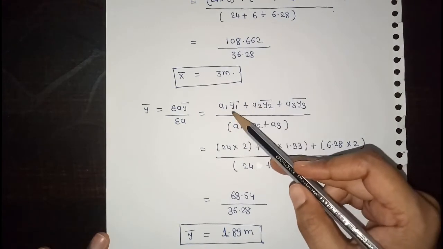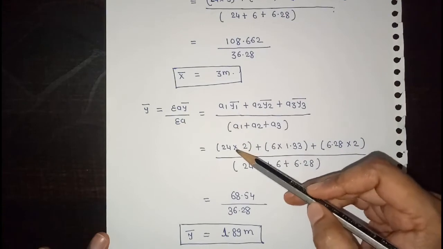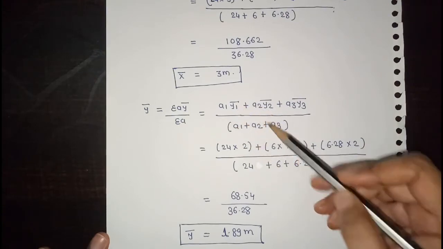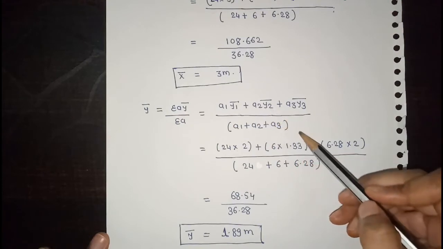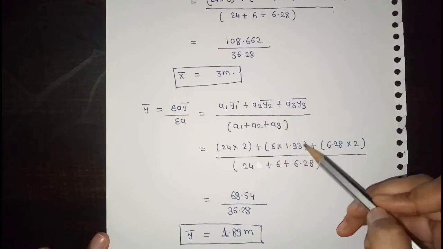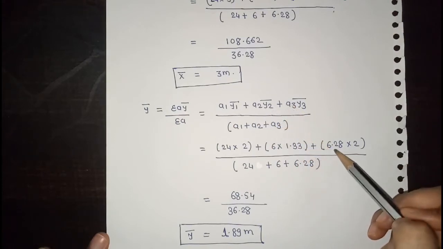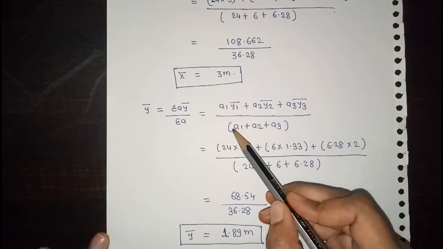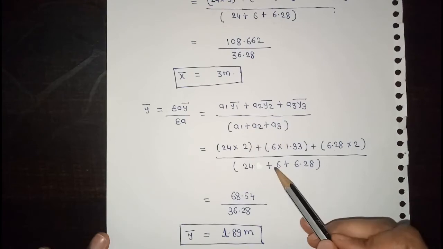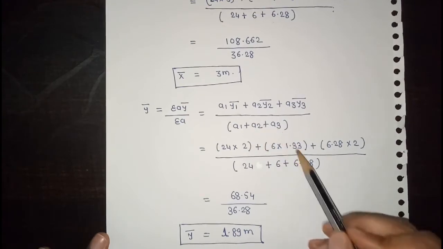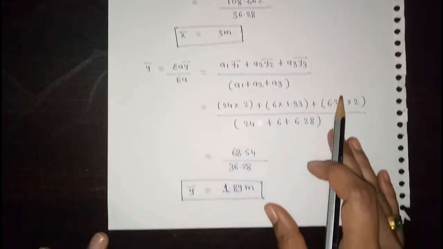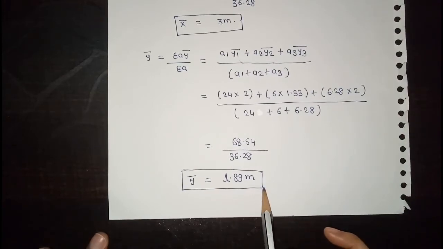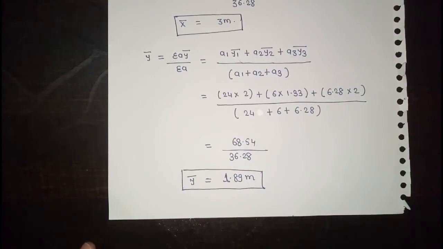Then a1 y1 bar: 24 into y1 bar 2, plus a2 6 into y2 bar 1.33, plus a3 6.28 into y3 bar 2, divided by 24 plus 6 plus 6.28. Then we get y bar is equal to 1.89 meter.